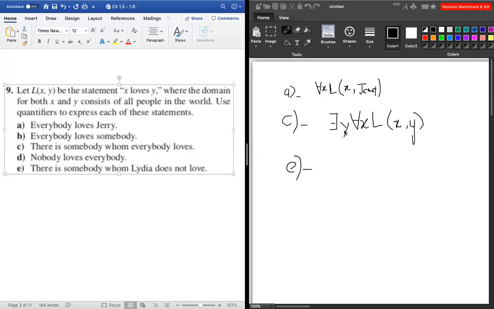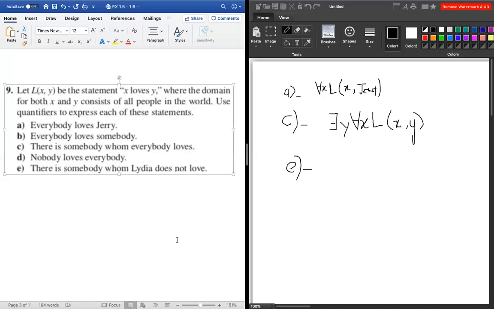Could it be the same meaning if you write for every X there's some Y? Well, we know what X and Y are, right? They are basically the people in the world.